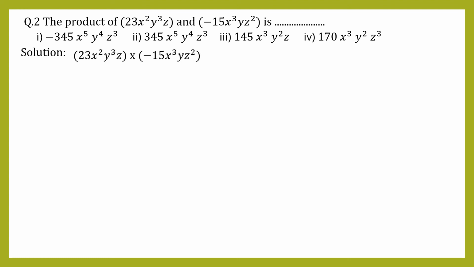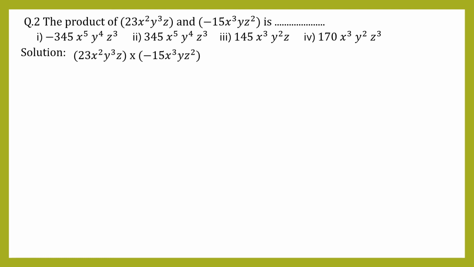23x square y cube z into minus 15 x cube y z squared. Now you can see both the terms have coefficients, that is 23 and minus 15 respectively. And along with this, we have variables in the form of indices, that is, variables are x, y, and z.